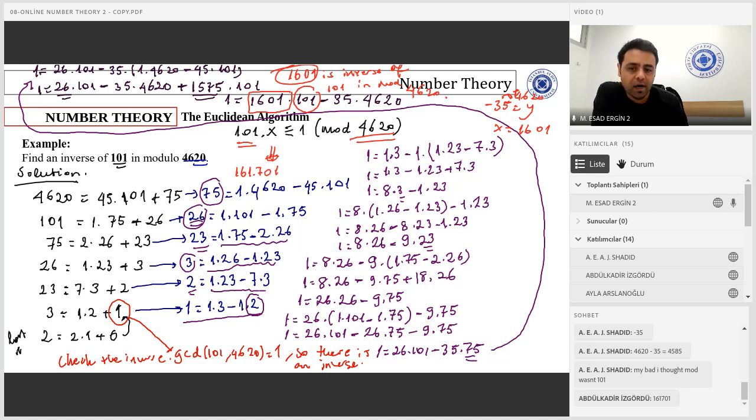If I divide it by the modulo 4,620, I try to find the remainder. The remainder is 1, as it should be.